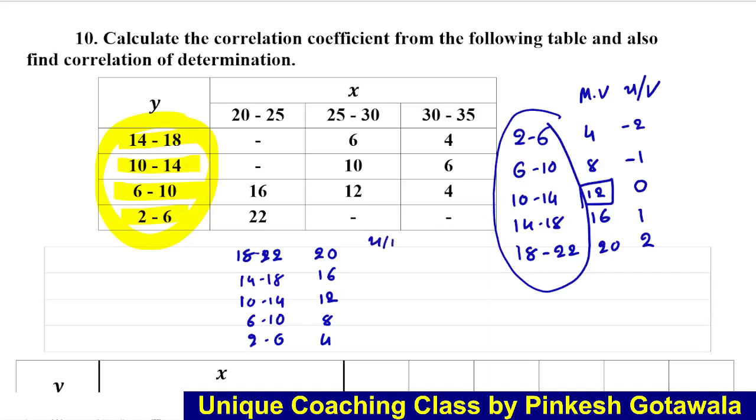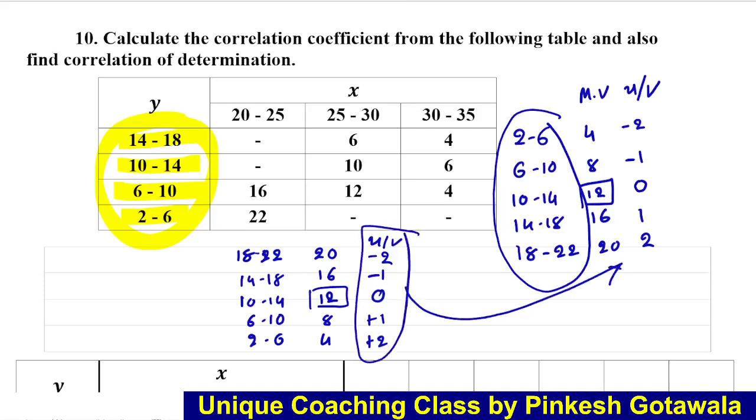And if we suppose u and v, we follow the basic step: here 0, and here -1, -2, here +1 and +2. Look at our u or v, whatever this side, it does not match. Okay, બંને match થતો નથી. Suppose here the class 2 to 6 is u -2 and here our class 2 to 6 is u +2. Okay, તો answer opposite આવી ગયો છે. Okay, બંને answer સરખા જ આવવા જોઈએ ને.